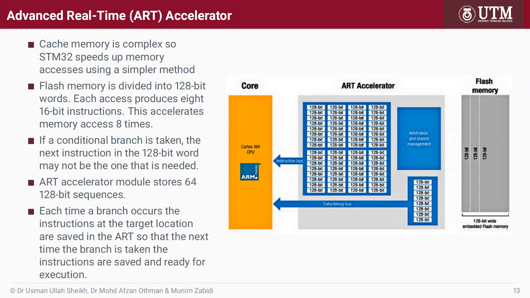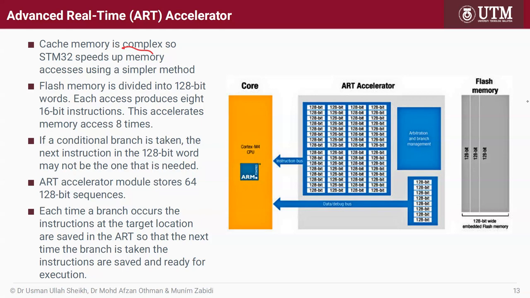And then here we have the ART accelerator. What is it? Cache memory is not used on the STM32 because it's complex, and complex also means expensive or uses more power. So the STM32 uses another method to make it simpler, probably lower cost and lower power. It divides the flash memory into 128-bit words, so many 128-bit words.